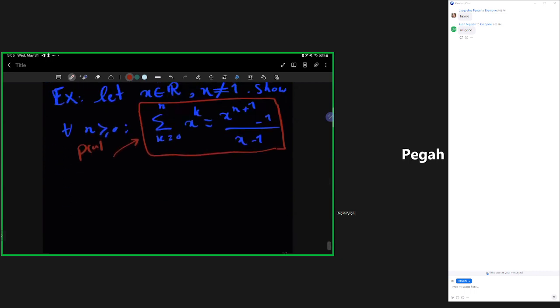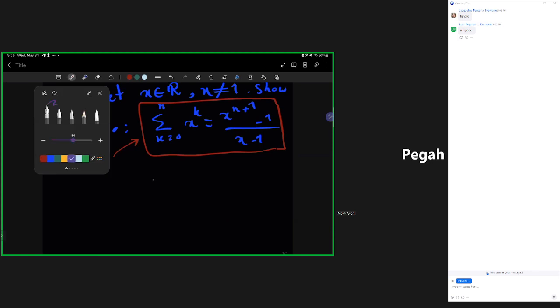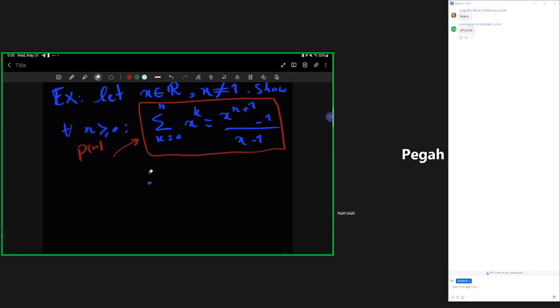Anybody has any idea how we should prove this one? I talked about this yesterday too. Yes, we need to do induction because you need to prove and show something. As I mentioned, I just add Pn here.